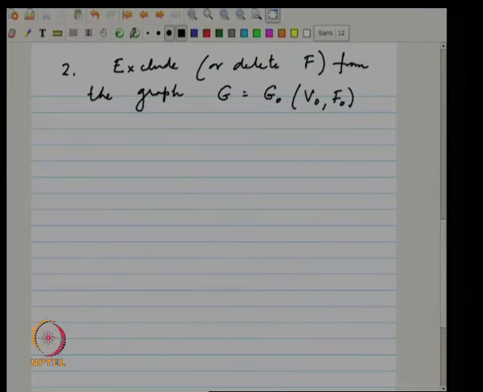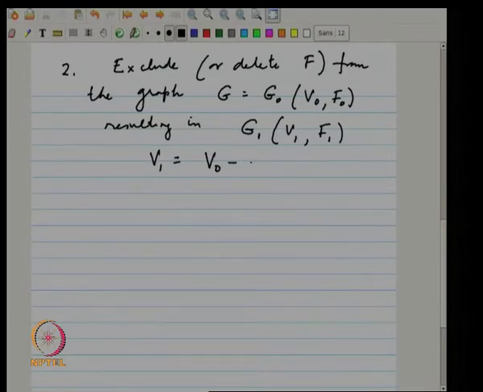So exclude these vertices from the graph, resulting in a modified graph, call it G 1 with V 1 and E 1, where V 1 is V 0 minus F. So we have thrown away those vertices. Exclude these and then repeat step 1.